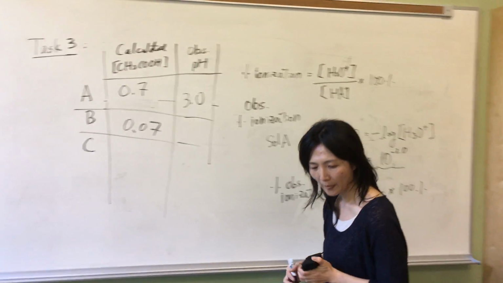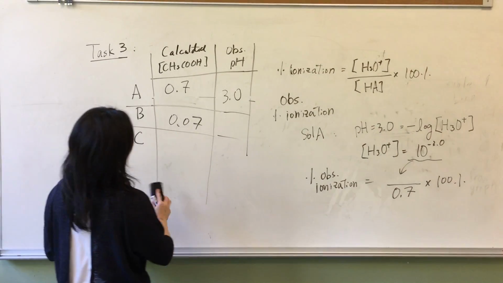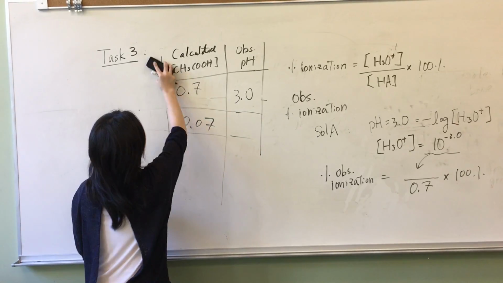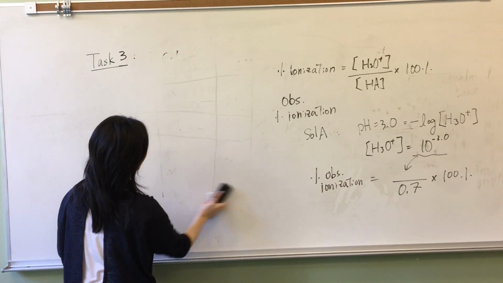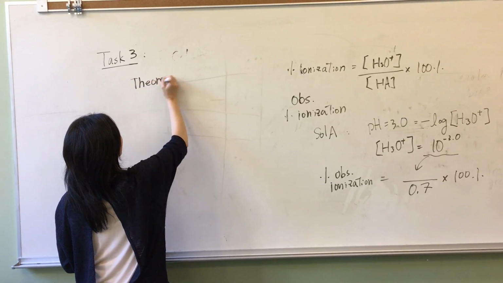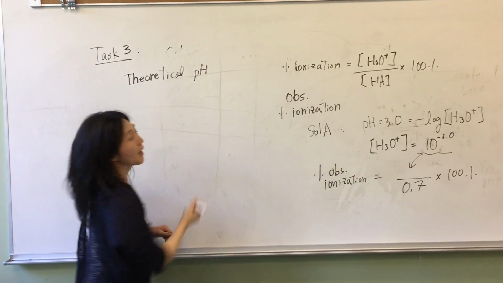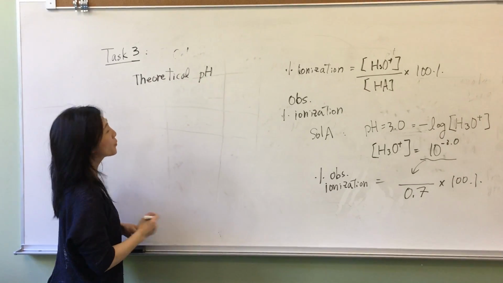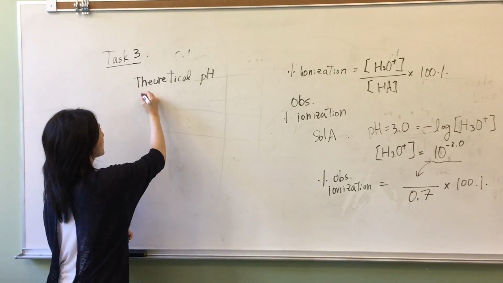Okay. Next, I want you to look at the worksheet, and now you have to calculate the theoretical pH. The theoretical pH, probably most of you already learned in the lecture. Okay? So the theoretical pH, you can predict the pH based on the initial concentration of the acetic acid.